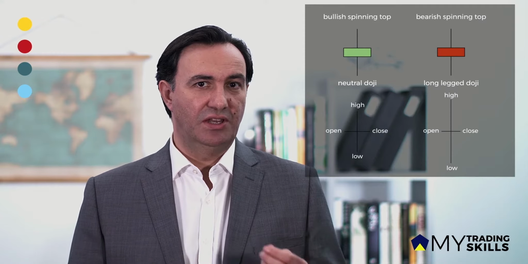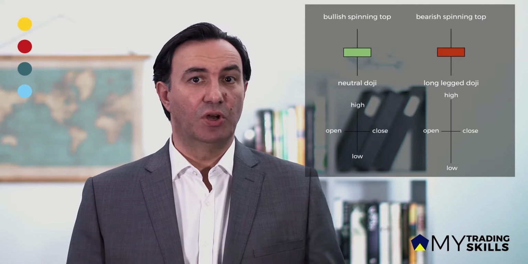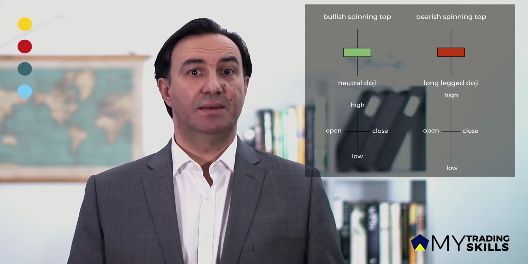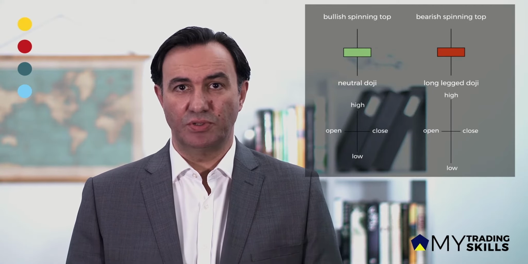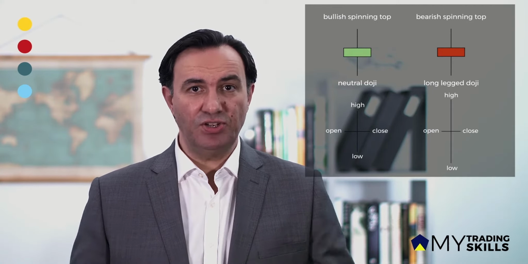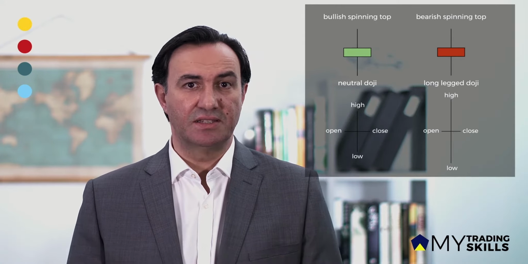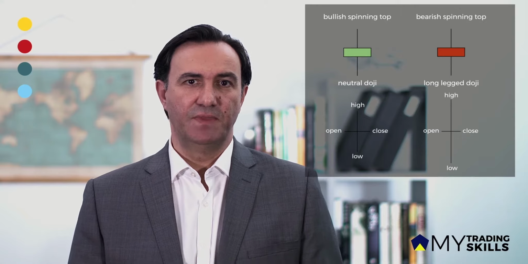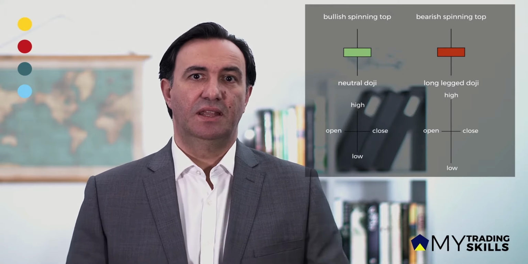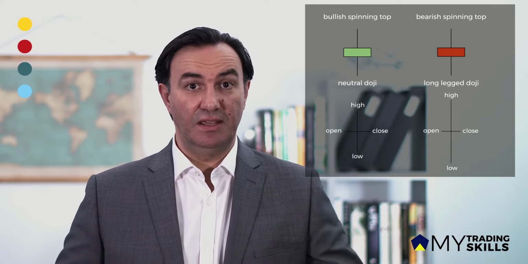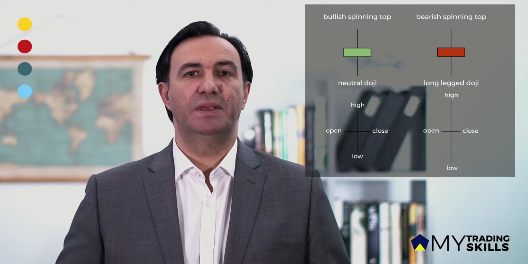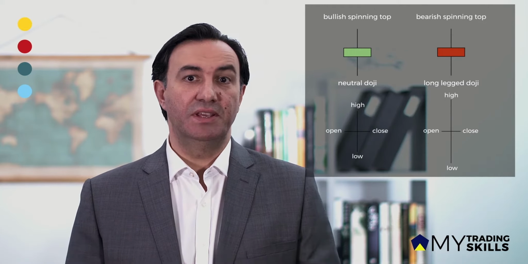I pay more attention to spinning tops if they form close or at some important levels of support and resistance, especially if they were preceded by a number of large candles with big trading ranges. This would indicate to me that the market participants which are influencing the price move are becoming cautious or possibly cashing in their positions.